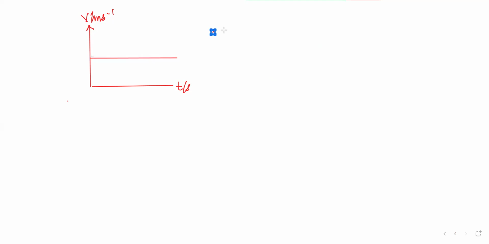What is the meaning of this graph? Anybody? The graph is stationary. The motion is stationary. Okay, more views.